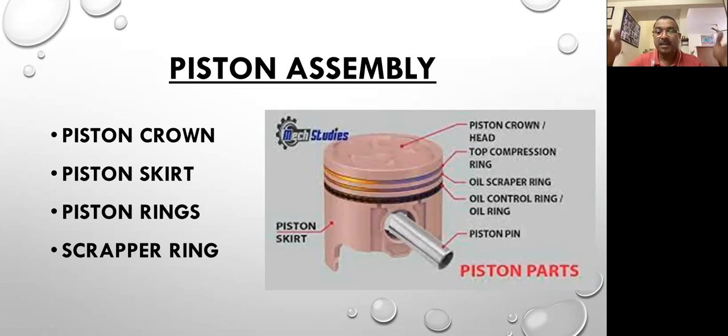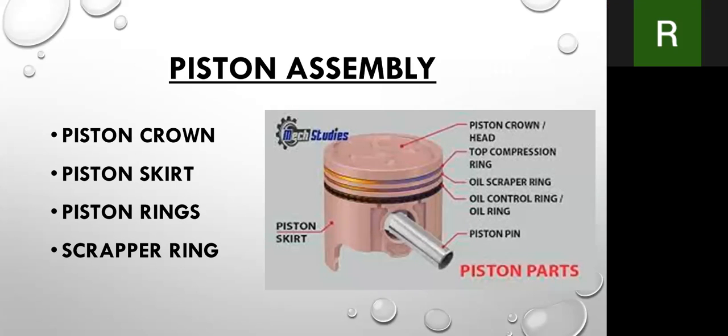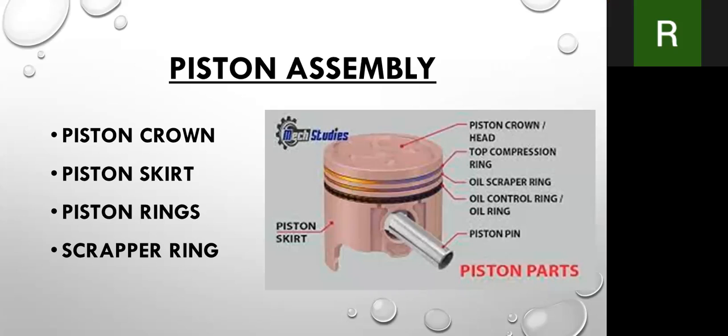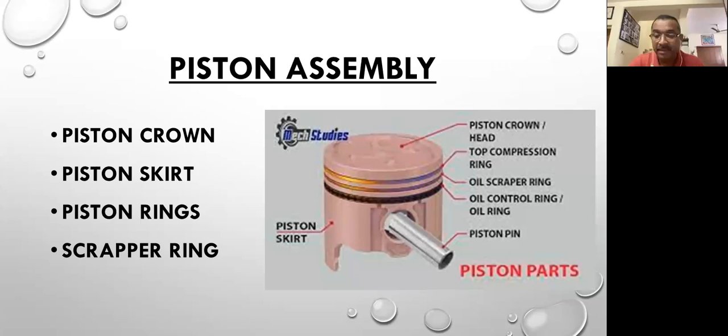Rings will be rubbing against your cylinder, and metallurgically, this is a less hard material than your piston and cylinder, and all of the stress, all of the wear and tear will be taken by these rings.